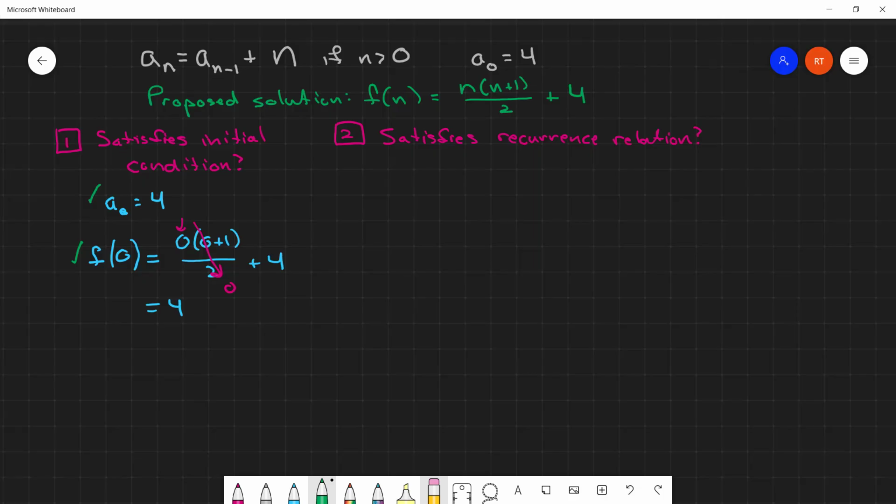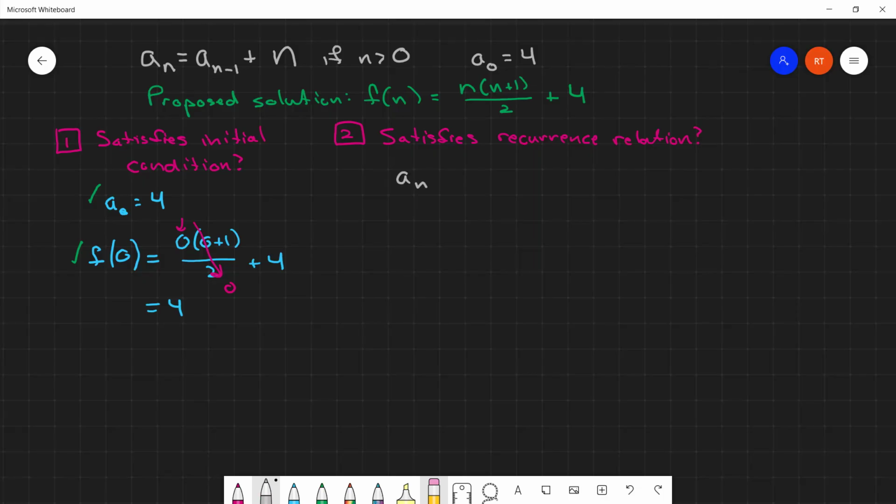Now, to prove that the function continues forever to produce correct terms of the sequence, I can't just plug in specific numbers. I need to actually use the function itself and show using algebra that no matter what the input is, the same rules of term generation given by the recurrence relation will be satisfied by the formula.